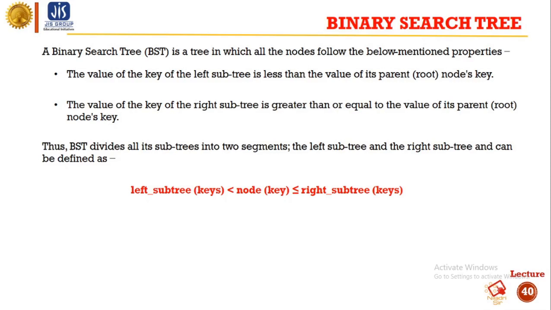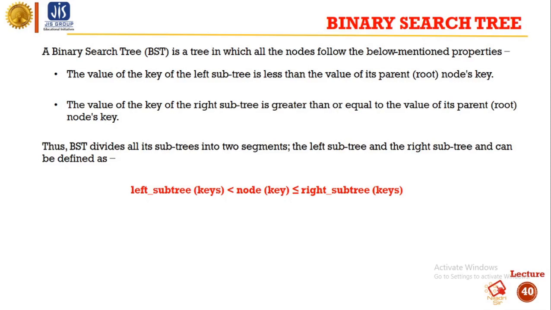So a binary search tree or BST is a tree in which all the nodes follow the below mentioned properties. For example, the value of the key of the left subtree is less than the value of its parent node's key. The value of the key of the right subtree is greater than or equal to the value of its parent's or root node's key.